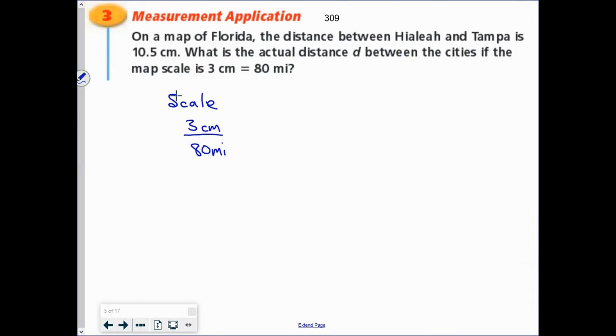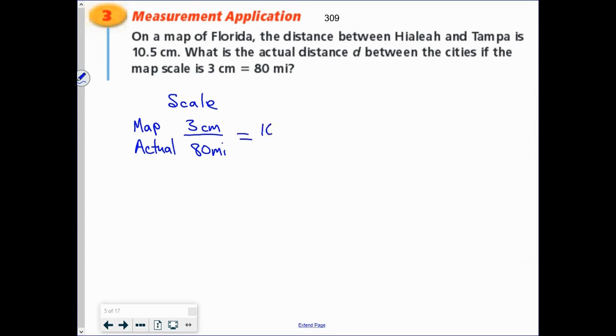Now it says on the map between Hialeah and Tampa is 10.5 centimeters. Is the map our model or is it our actual? Well, the map is the model and the actual is real life distance. So the 10.5 centimeters is the map or the model.